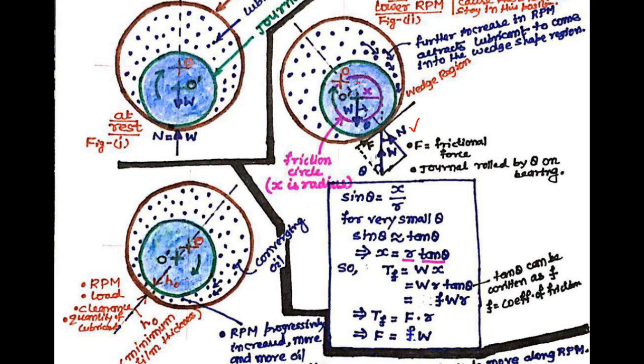Here one very important concept is what will be the value of N. At rest N is equal to W, but when the journal starts to roll over the bearing, what will be the value of this normal reaction N?